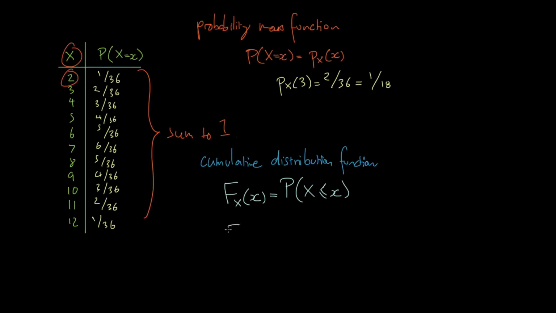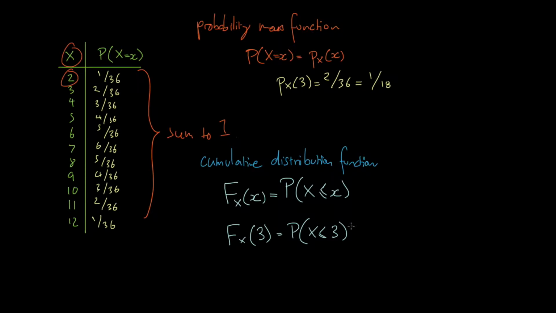So we can evaluate the cumulative distribution function for the random variable X evaluated at 3. And so this is just the probability that X is less than or equal to 3. If we look at our probability mass table, we can see there are 2 possible values that X can take to be less than or equal to 3. It can take a value of 2, or it can take a value of 3.